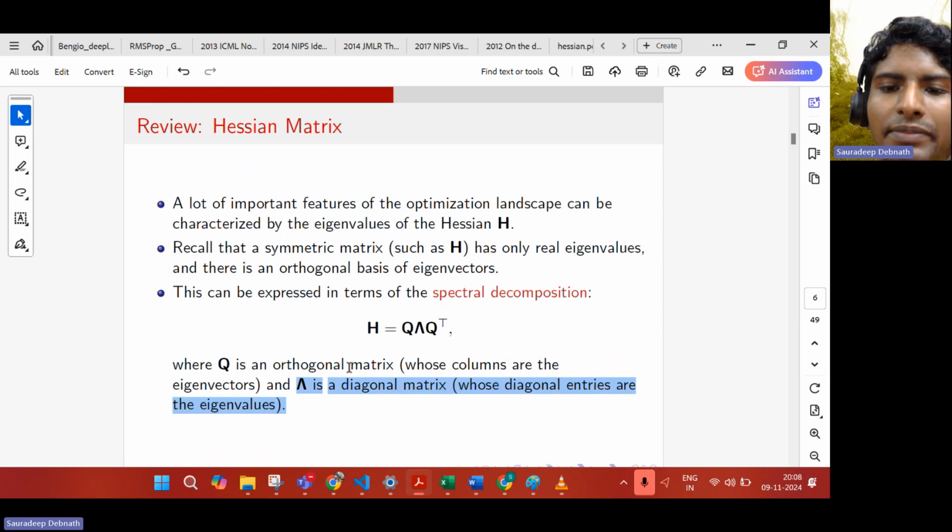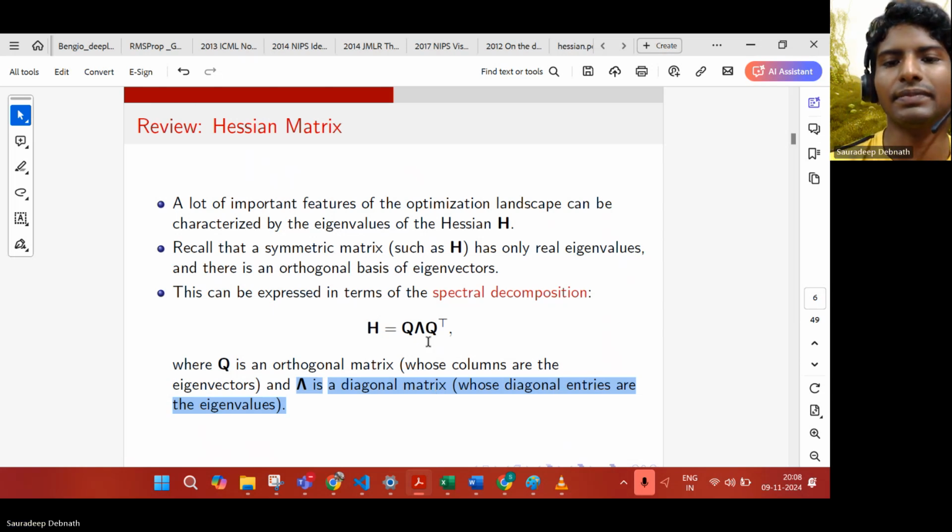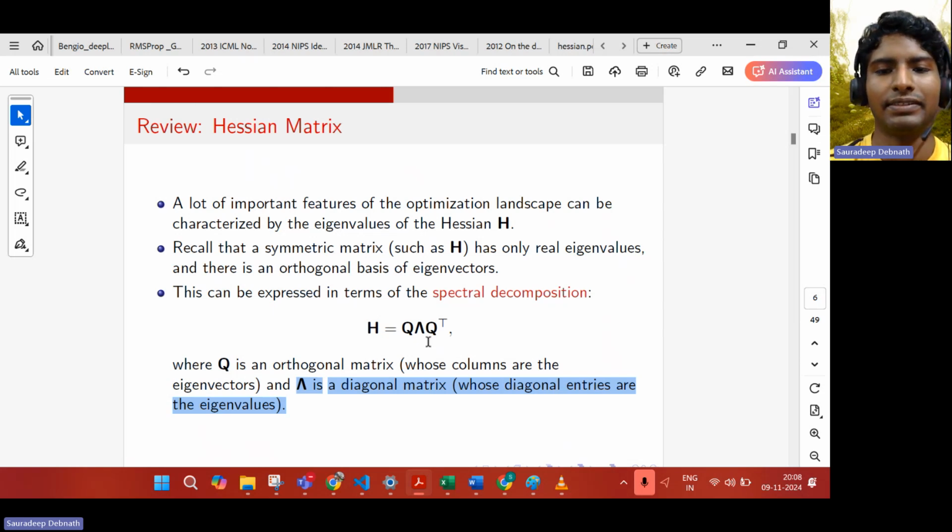So yes, it's a symmetric matrix, and if we recall from our linear algebra, it can be expressed in such a form, where this delta is the diagonal matrix with eigenvalues as different entries. Now, when we invert a Hessian, we invert this diagonal matrix as well.